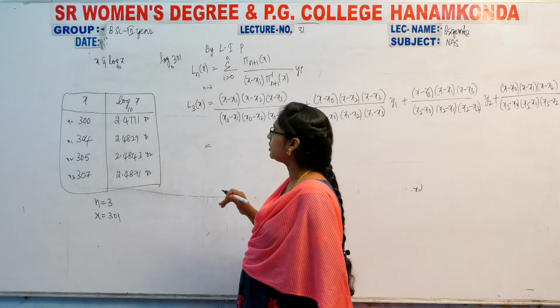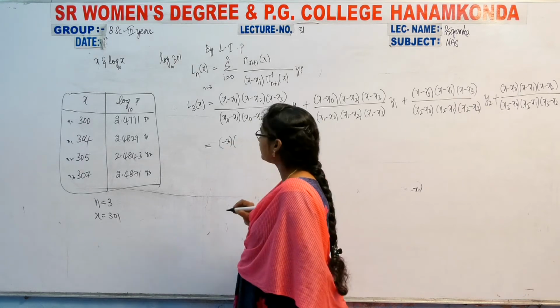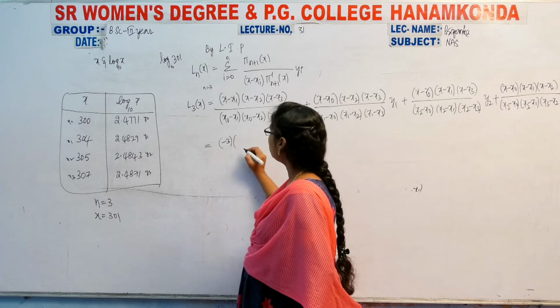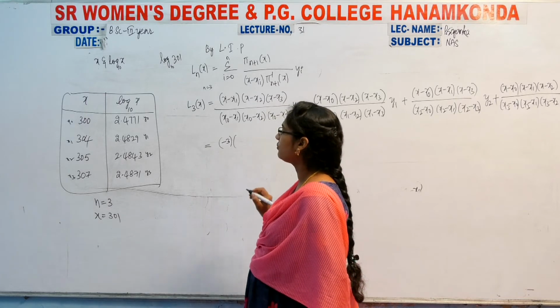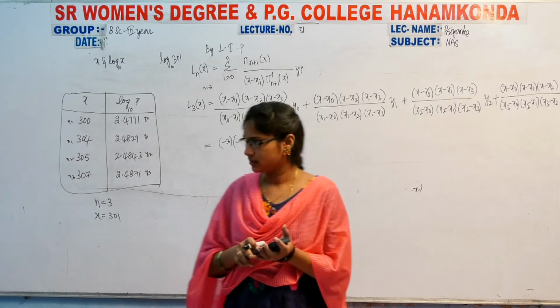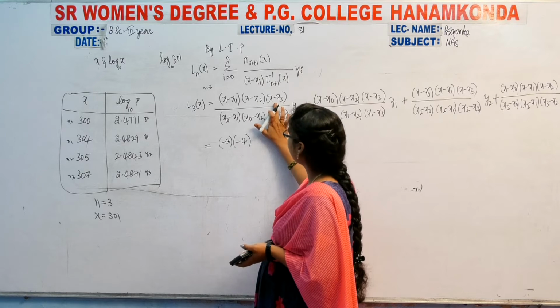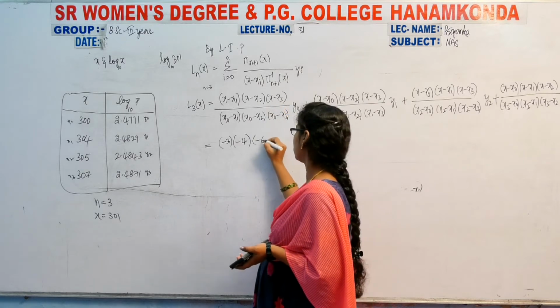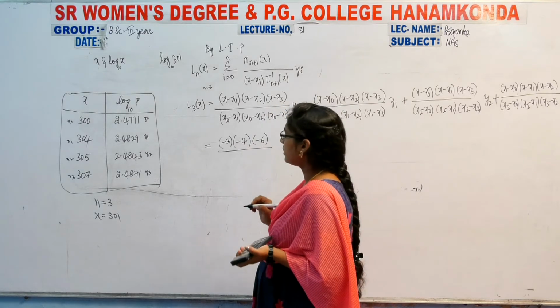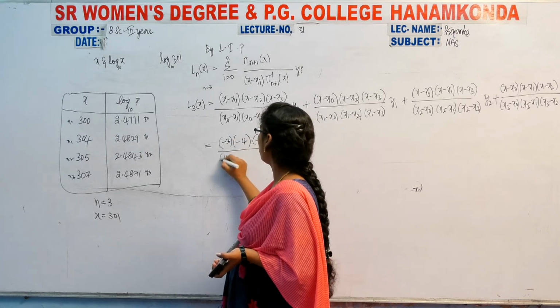Then what we get? Directly I am taking 301 minus 304, minus 3. 301 minus 305, minus 4. Next, 301 minus 307, minus 6. x0 is 300. 300 minus 304, minus 4.